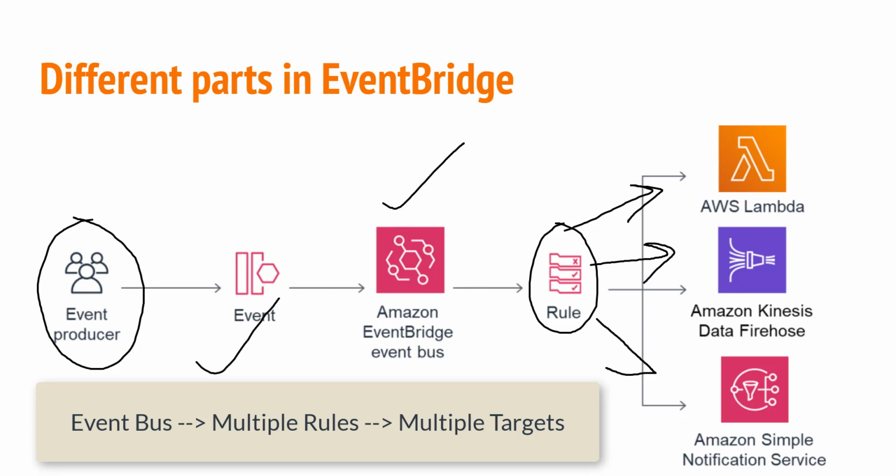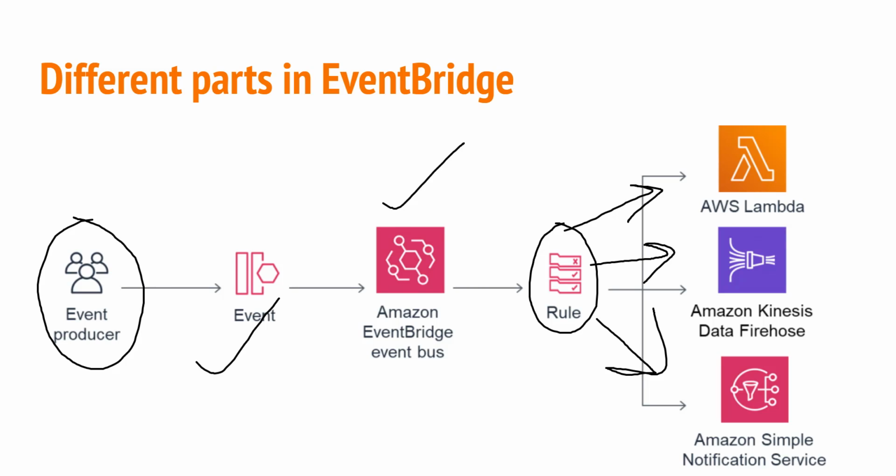Firehose or SNS. So a single rule can have 5 targets, and these targets are not restricted to Lambda, Kinesis and SNS. There can be other targets such as EC2 or SQS or CodePipeline. So there are close to 17 targets as of now.